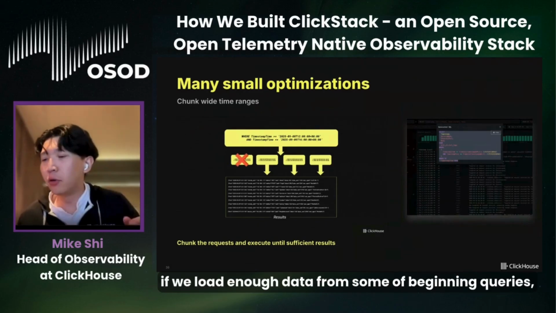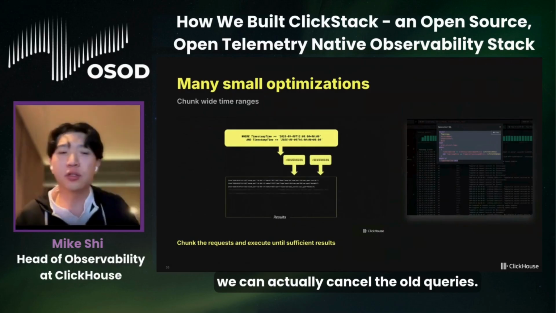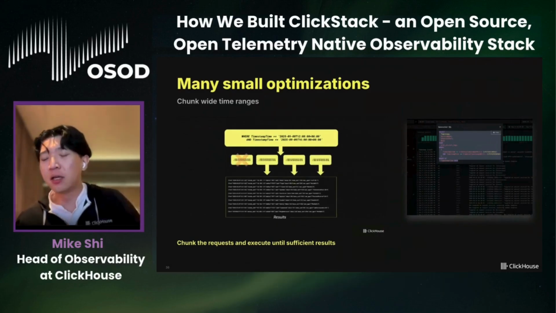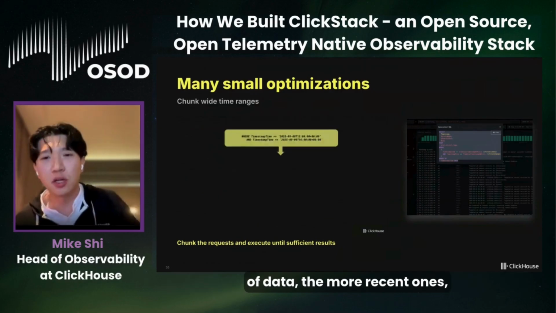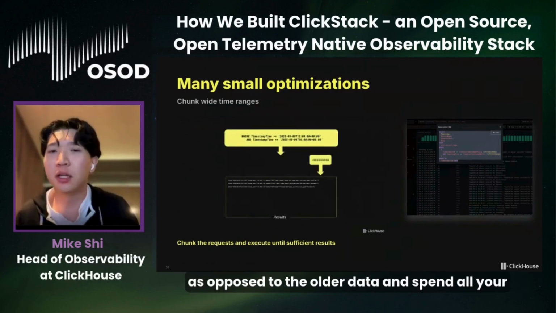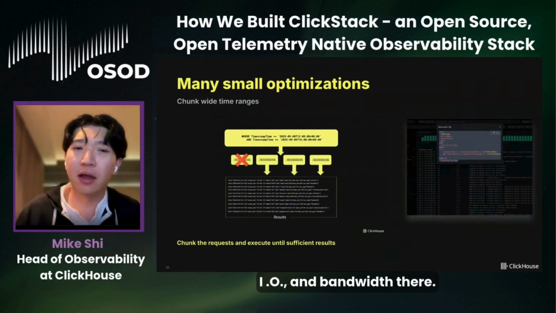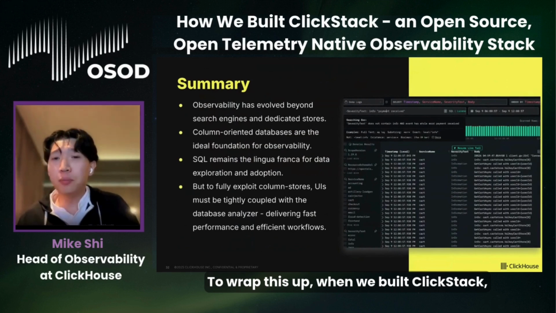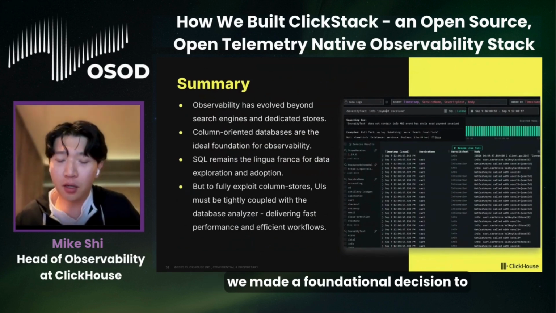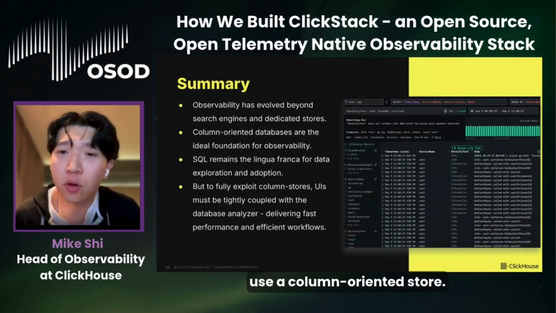And that way, if we load enough data from some of the beginning queries, we can actually cancel the old queries. We're basically telling the underlying database to focus on a specific subset of data, the more recent ones, as opposed to the older data, and spend all your compute, IO, and bandwidth there.